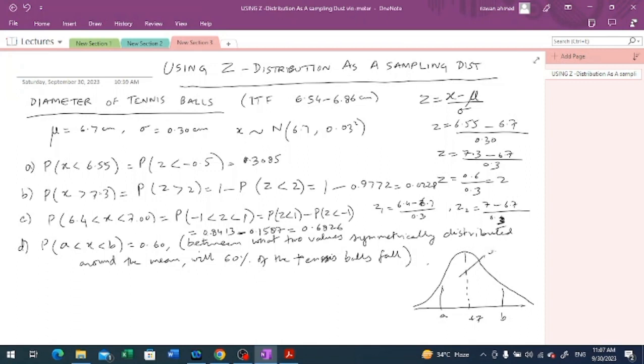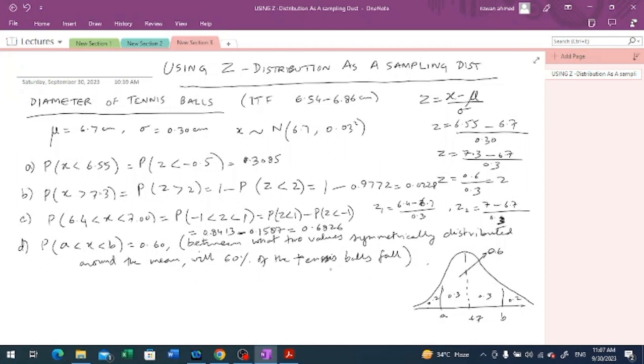So the area covered between A and B is 0.6, which will indicate that this is 0.3, this is 0.3. This borderline divides the curve into two equal halves. So if this area is 0.3, then this area should be 0.2, and this area should also be 0.2.